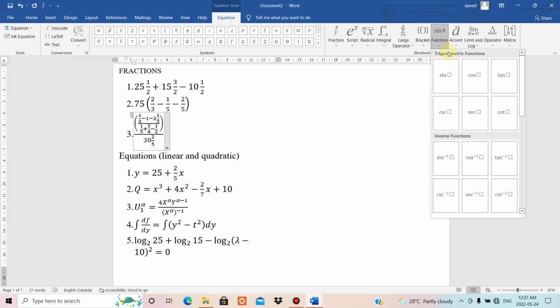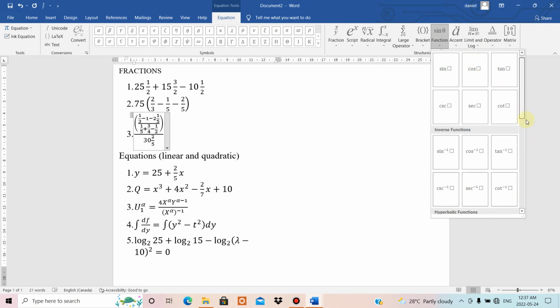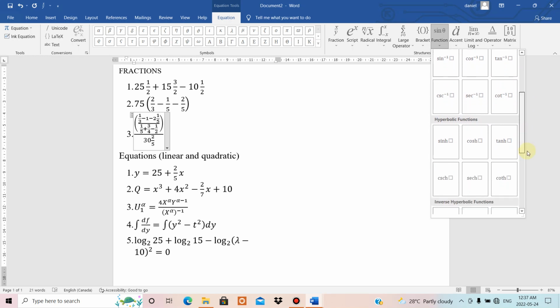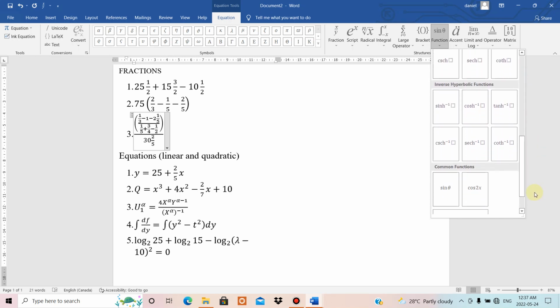You can locate them at functions. So cos of any number, tan of any number, you can locate them here. Tan inverse of any number can also be located here, as well as hyperbolic functions of any number. All you need to do is click on it and input the value there.